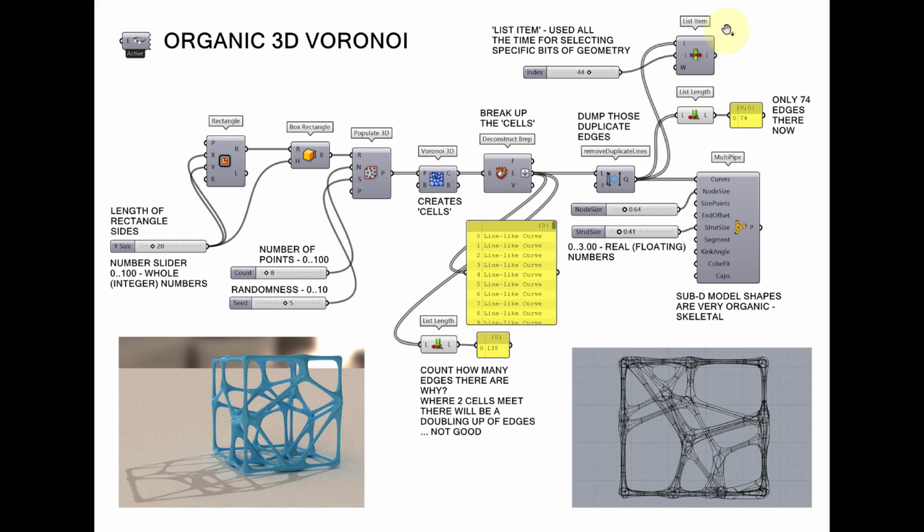This little routine up here just shows you how you can select an individual item from a list. So here it's saying choose line number 44. The whole list goes in, but only line number 44 is highlighted, and you may want to do something special with that, and off it goes on its own route.